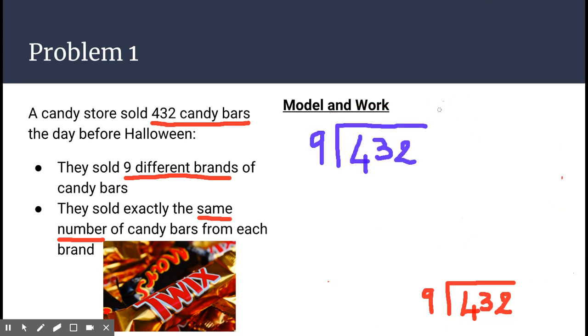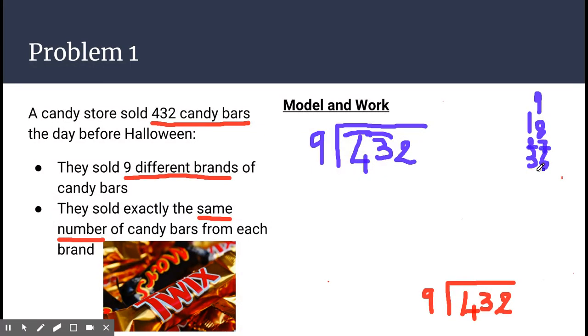All right, so let's correct. I like to use the standard algorithm, but you might have used a different method. So I'm going to try to figure out, well, how many times 9 goes into 4? That's too small, so I'm going to go to 43. How many times does 9 go into 43? I like to write my multiples on the side, even though it's a little hard with the program I'm using. 9, 18, 36. Oh, I'm getting close. I forgot 27.